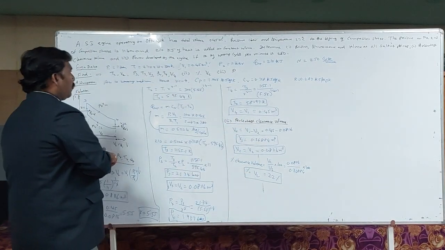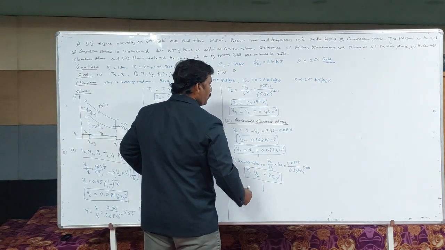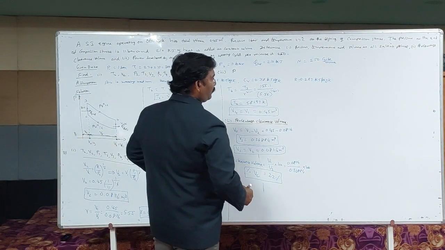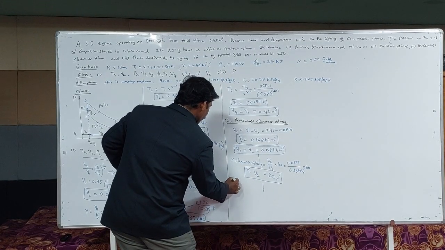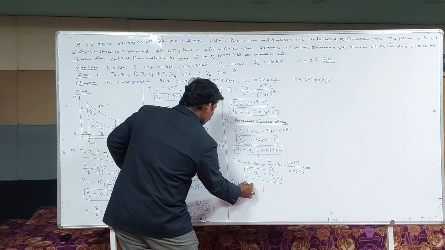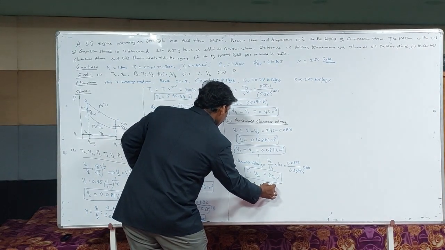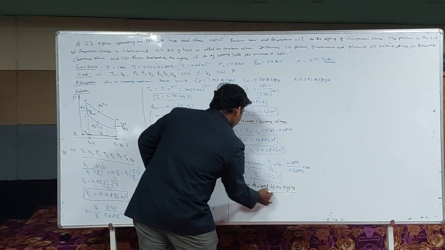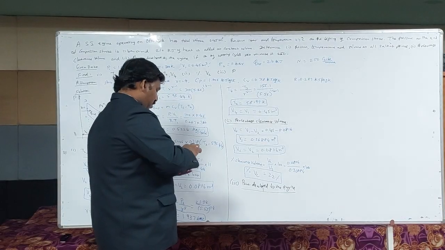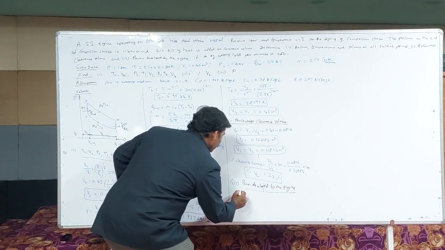So now we have to find out what is the power developed by the engine. Case 3. Power developed by the engine. In this case, we have to find out what is the efficiency of the engine. That is first.